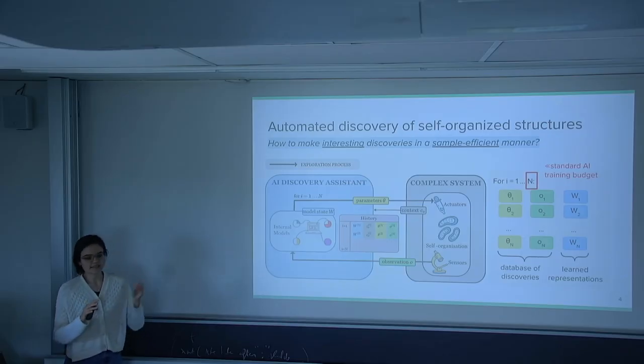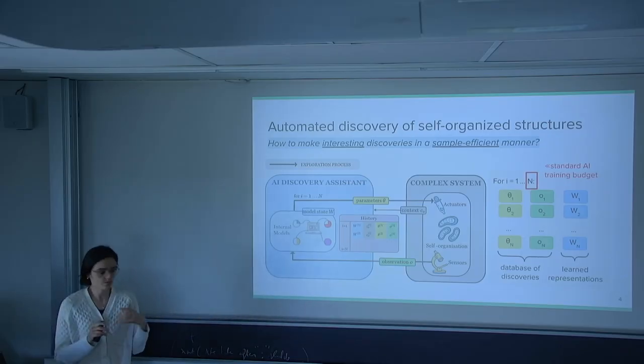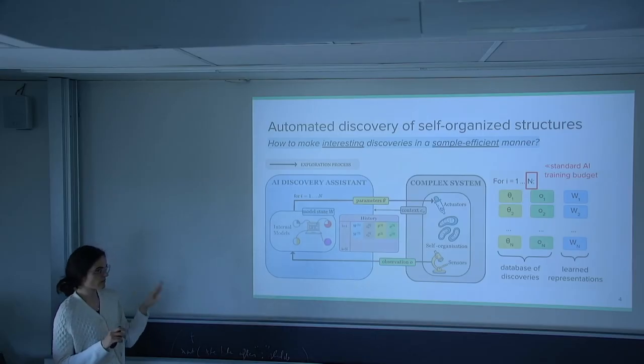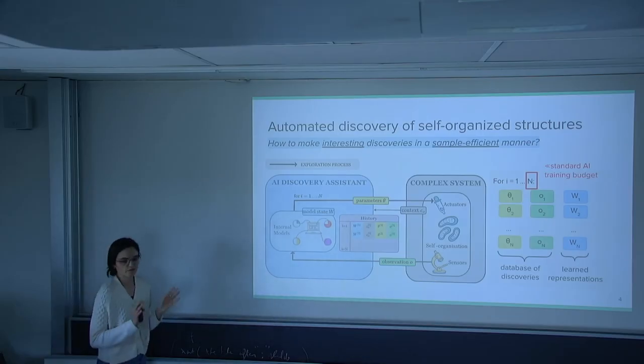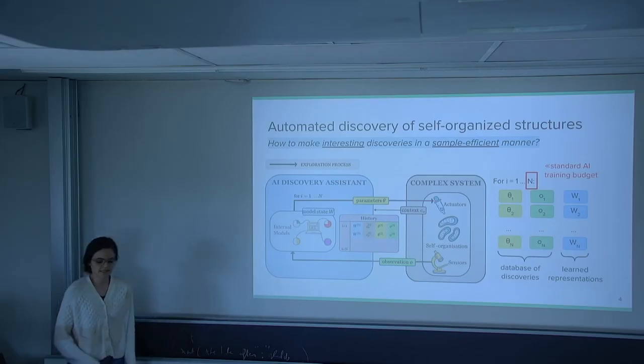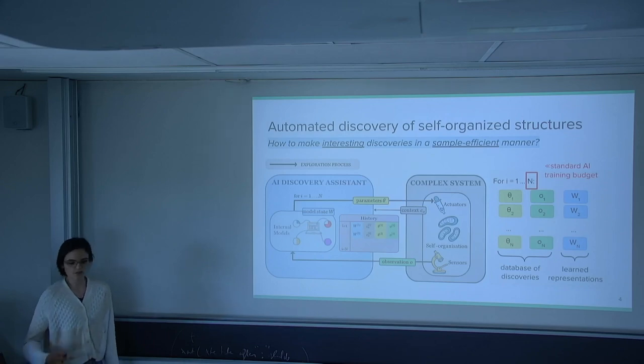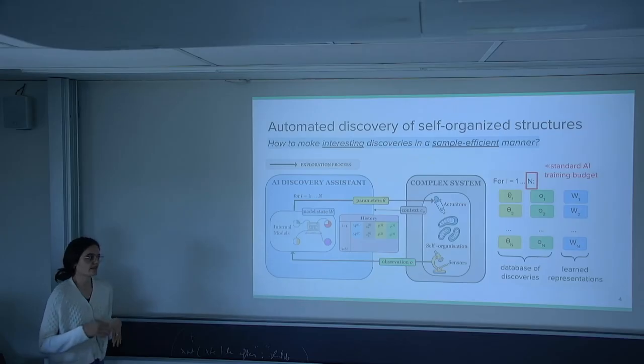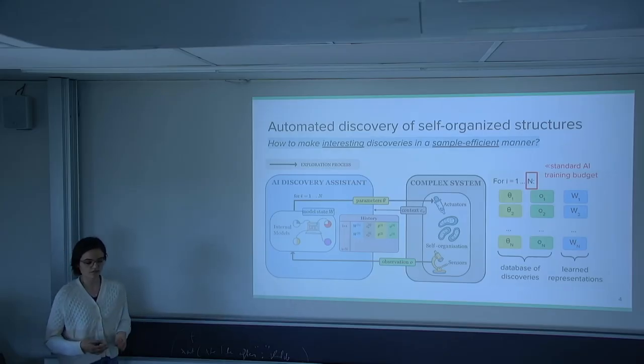As I said, I was originally interested in transposing those algorithms to actual physical systems, so we have a small budget of experiments. Also, in general, when we think about open-ended discovery, sample efficiency is really important because we want to discover things that are interesting and not waste time or energy on something that is not useful or that we already know, for instance.